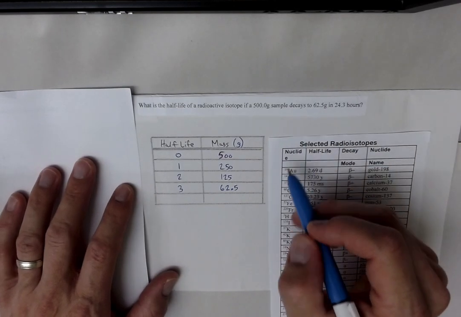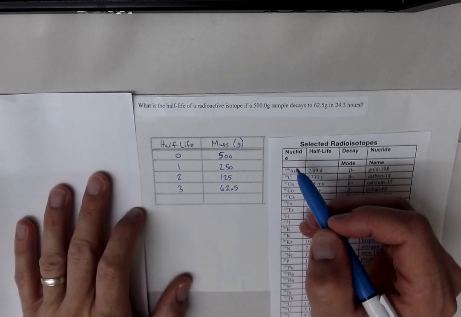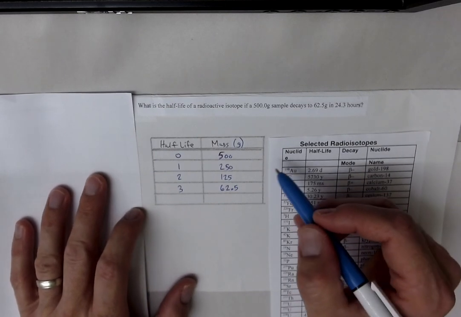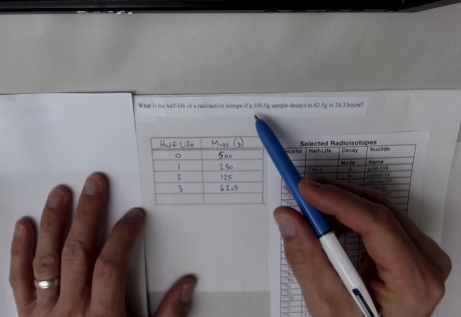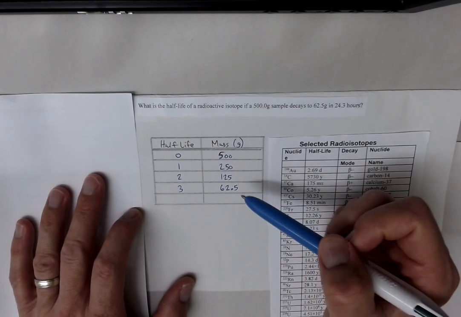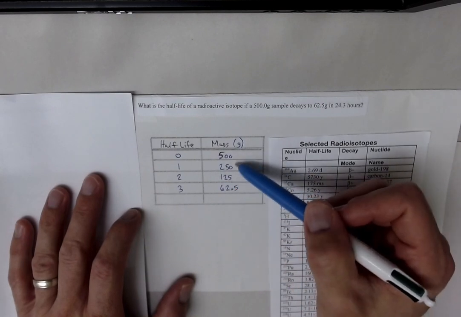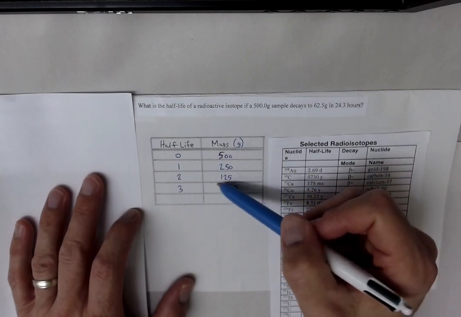Now notice something. Even if you don't necessarily know all of the steps in the process that are going to be needed, it's a half-life problem. See the wording here, half-life. So we can work the table. We can figure out, well, let's just do the halves and see where it takes us.